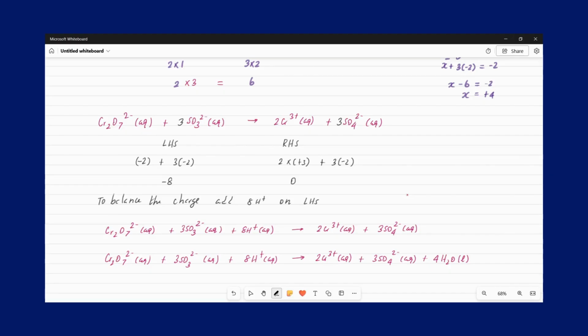If it is acidic medium, I can add only hydrogen plus. If it is basic medium, I can add only OH minus. Then after balancing the charges, I added appropriately on a required side the number of water molecules which balance the hydrogen. So I got the final equation balanced. So I don't need to separately balance oxygen. So this gives you a smooth go on balancing redox equations using oxidation number method.